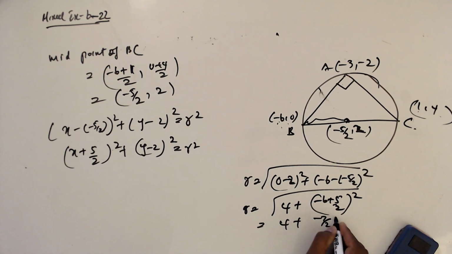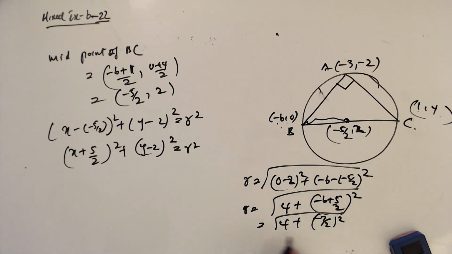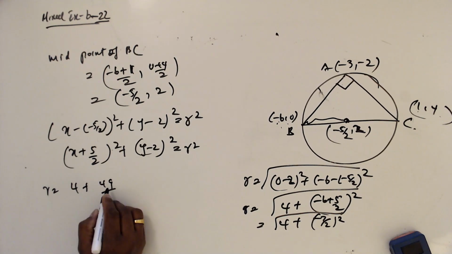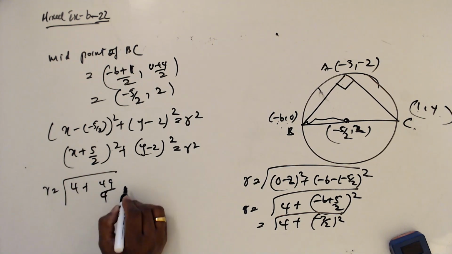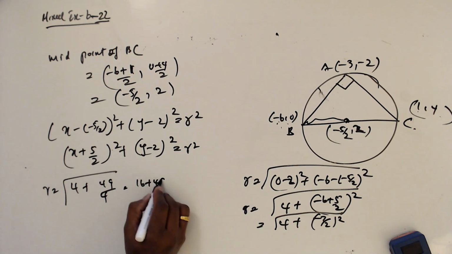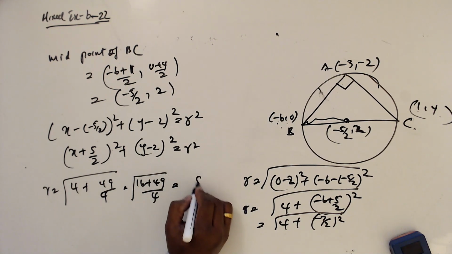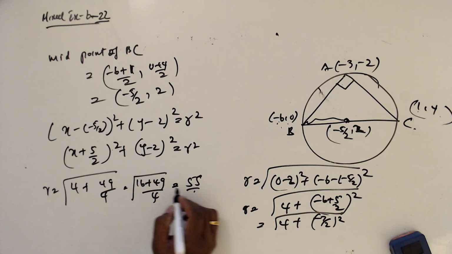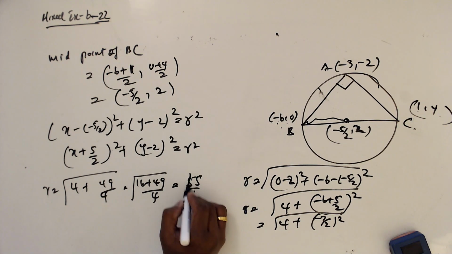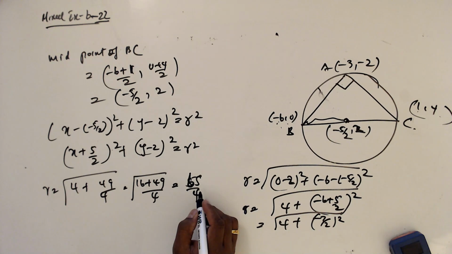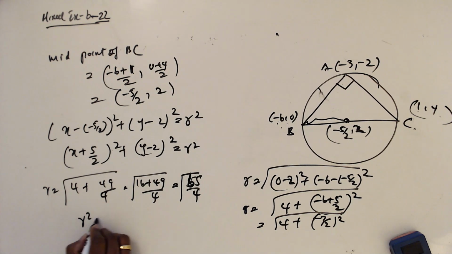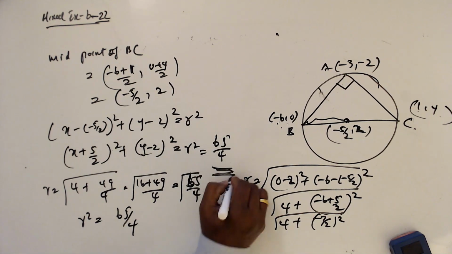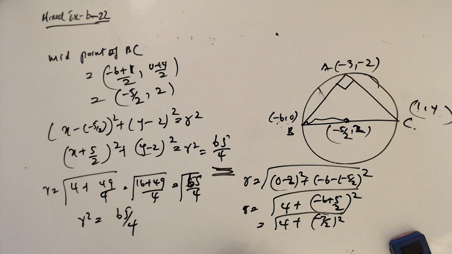So minus 7 over 2 squared. In that case 4 plus 49 over 4, so this is 16 plus 49 over 4, which is 65 over 4. Then r squared equals 65 over 4. This is the equation of the circle.